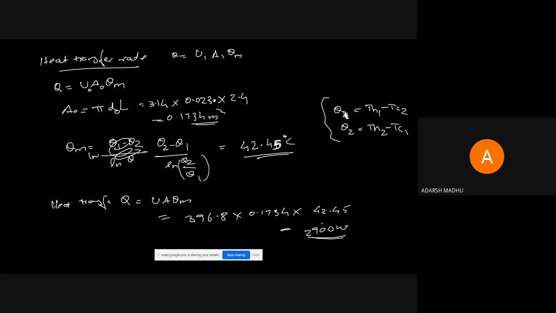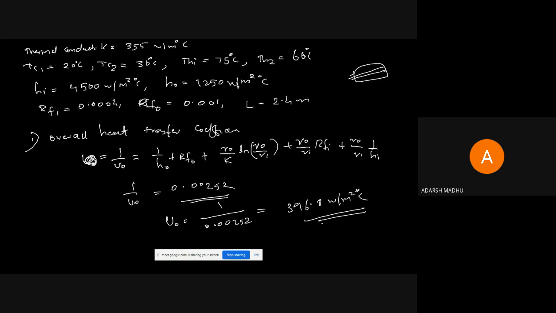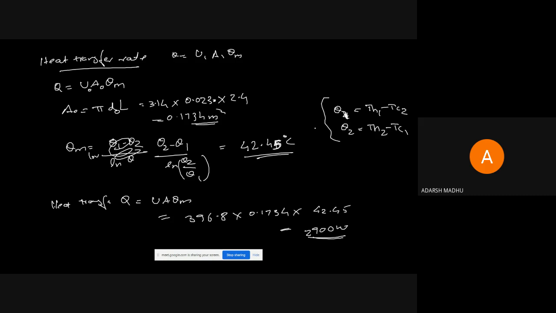Take your data book, and if there is no RF value, use the same equation by removing the RF terms, that is, plus RF 1 by HF plus RF. The term in multiple form, RO by RI into RF, can also be removed entirely.